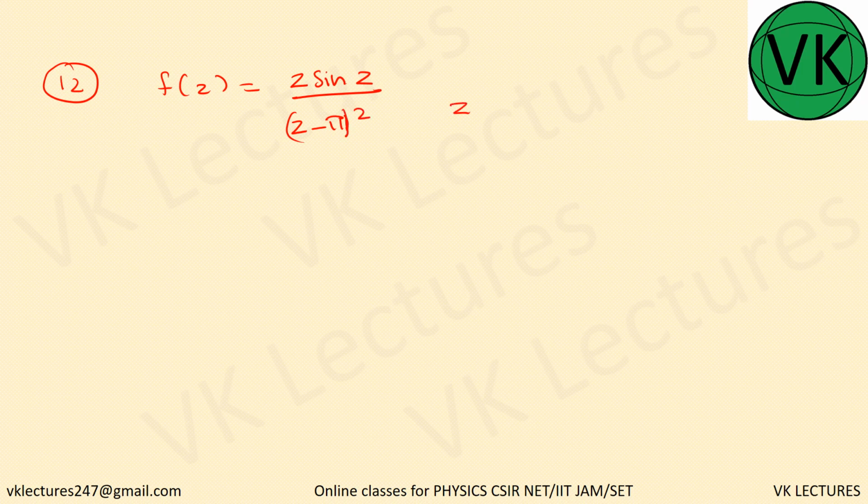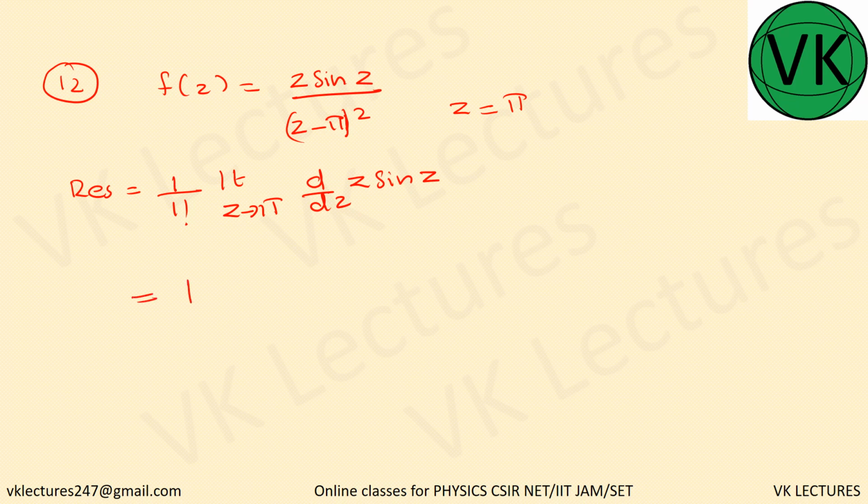Here z is equal to pi, so the residue is equal to 1 by 1 factorial, limit z tends to pi of d by dz of z sin z. So we got limit z tends to pi of z cos z plus sin z. When applying pi, we get the answer as minus pi.